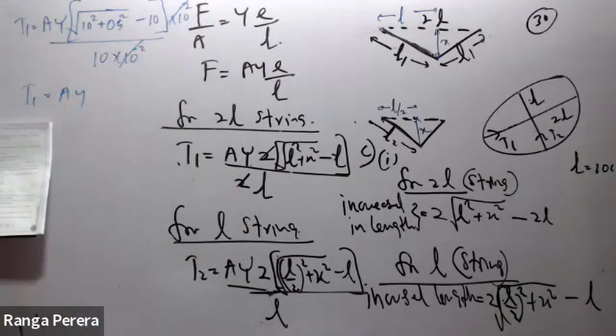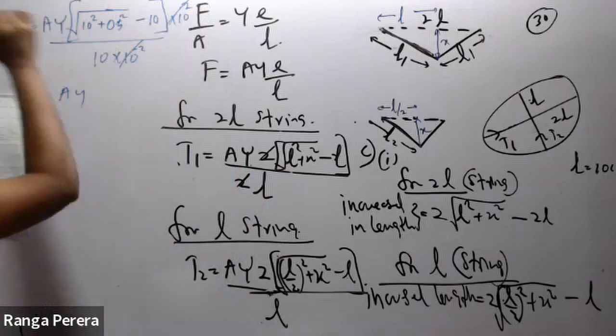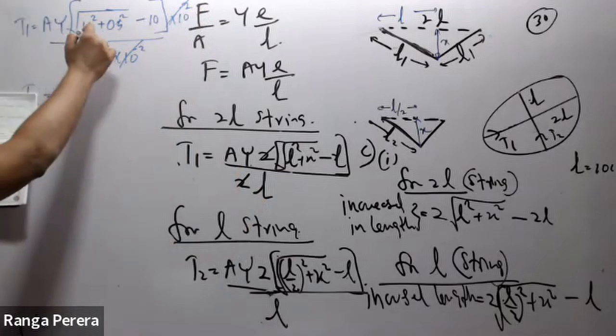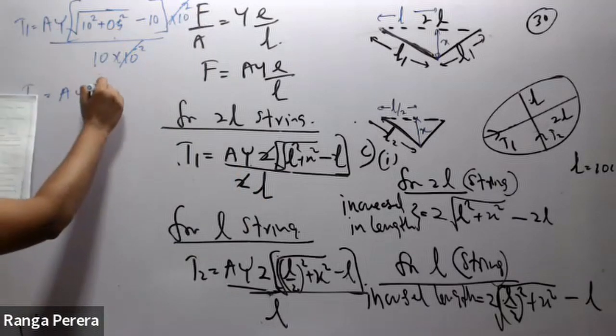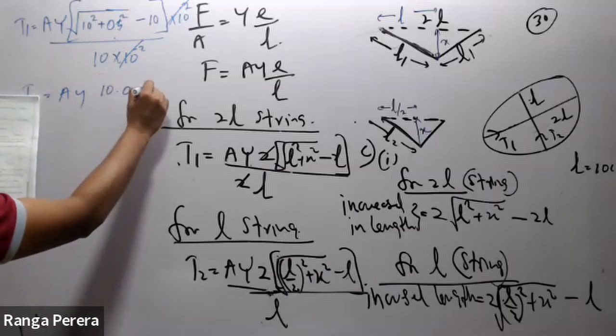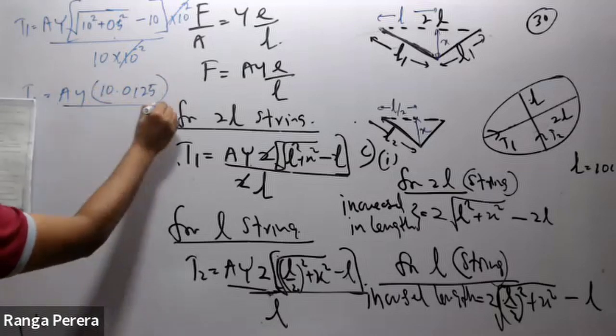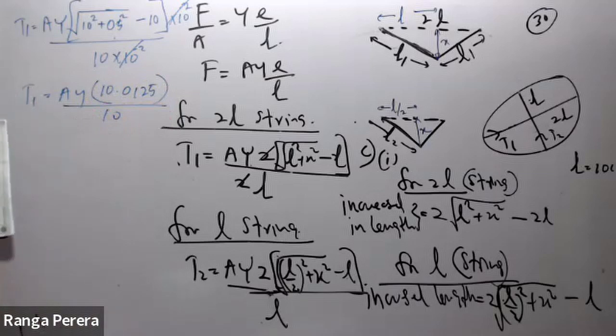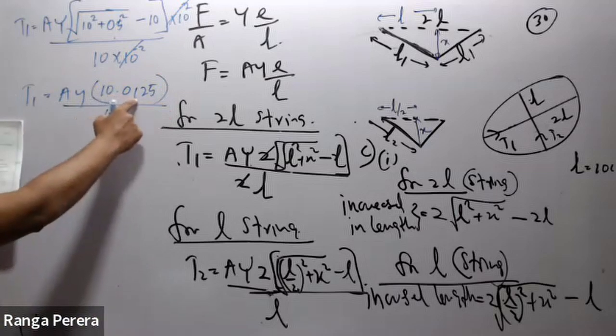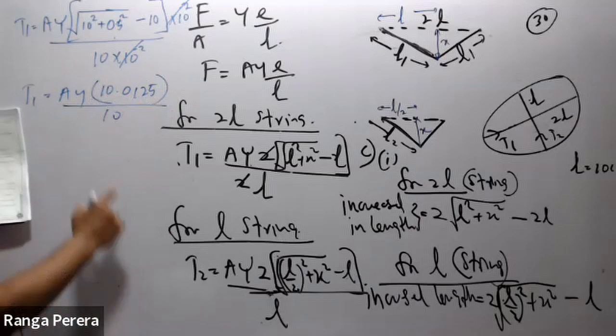In the question, they ask you to take this value as 10.0125, divided by 10. When x equals 0.5 and L equals 10 centimeter, take root of (x squared plus L squared) as 10.0125. Just divide by 10.